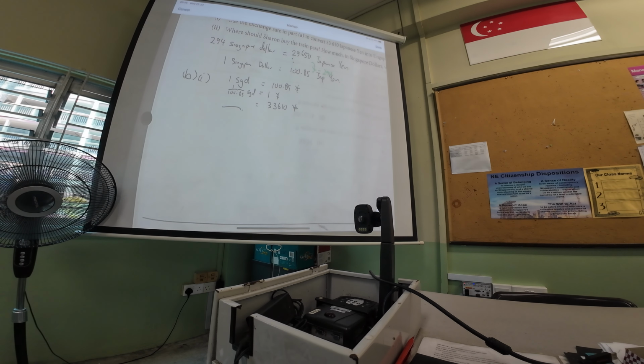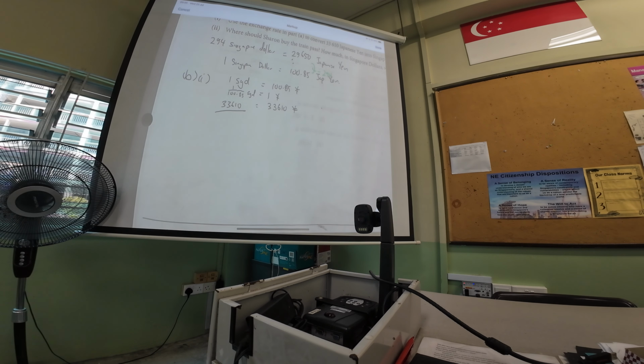Then after that, from 1 to 33610, I multiply 33610 to both sides. From here to here, I divide both sides by 100.85. From here to here, I multiply both sides by 33610. So on my left, I will have multiply by 33610.